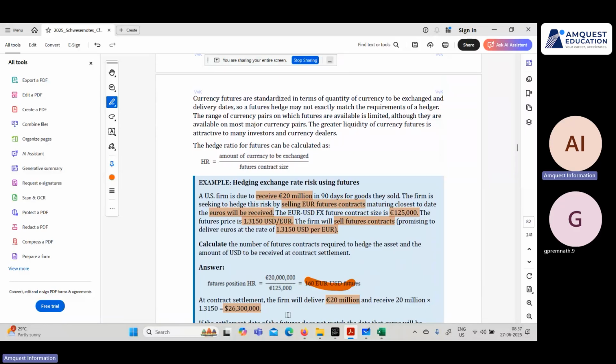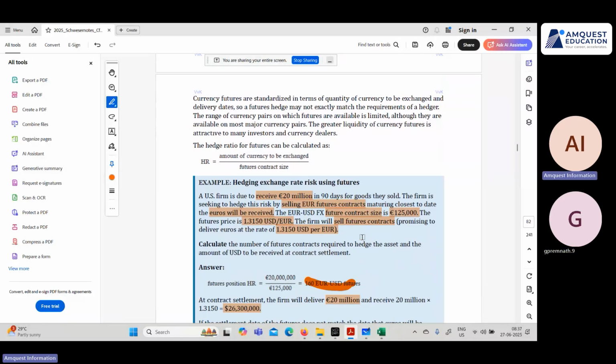Now, the only challenge over here is that these are future contracts, and we said it is 90 days, but we don't know when our payments are going to be received. This question is a simplistic view in saying that I'm going to get money in 90 days and the future contract is also of 90 days.